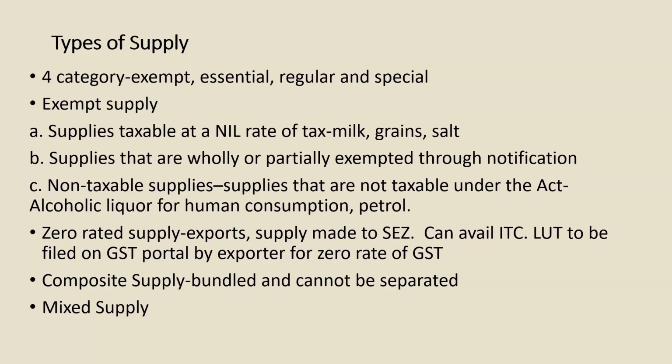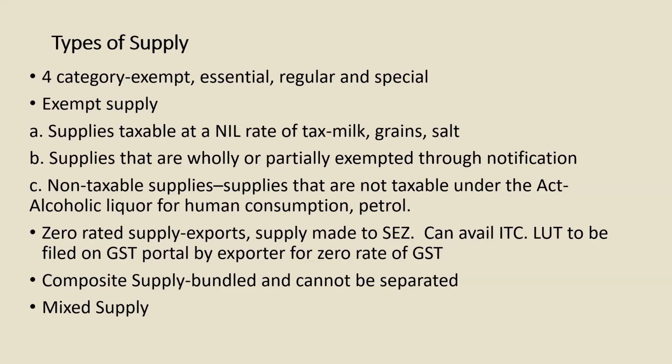Whatever is the highest rate of taxation is what will be applied to the other parts of this mixed supply. As far as composite supply is concerned, whatever is the principal item in that bundle, whatever its rate is will apply to the other part, because the principal or primary item in the composite supply will drive the rate of taxation.